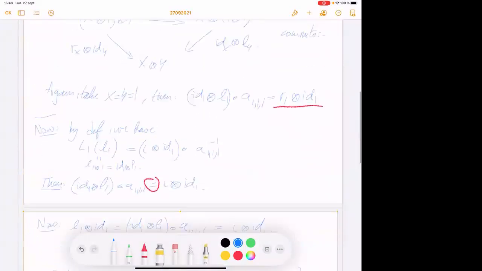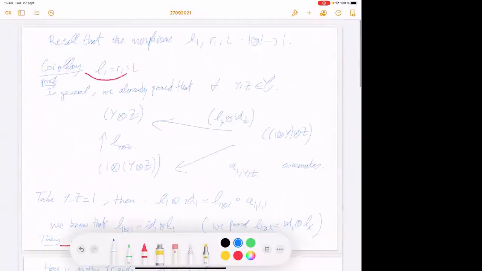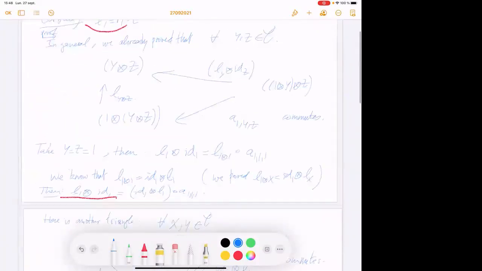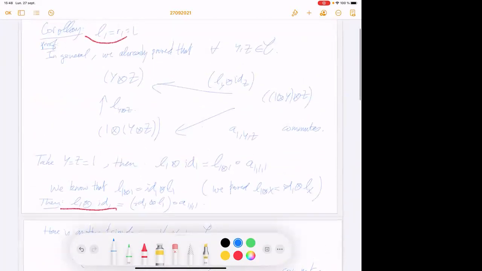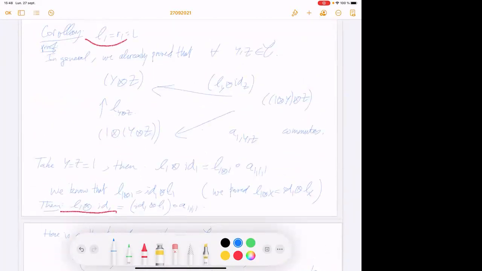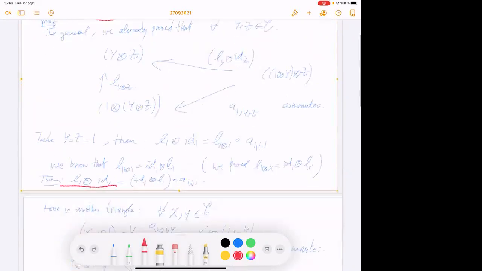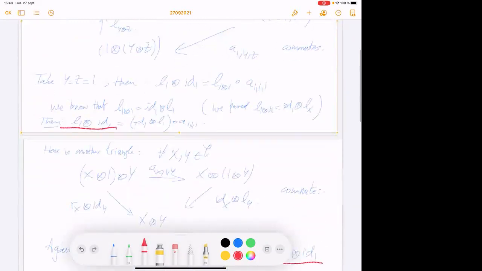So let's summarize a bit the proof. So first, we used the commutation of this triangle, the one on the left. Then we get this first equality.